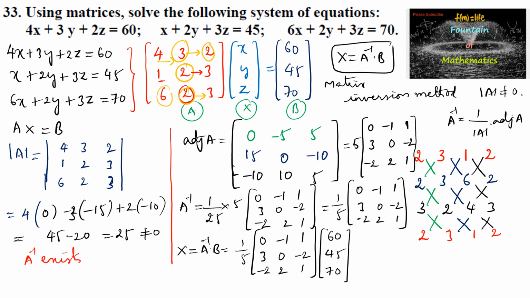So on simplifying, you will be getting 1 upon 5 times of, so 0 into 60 is 0, minus 1 into 45 minus 45 plus 70. So here minus 45 plus 70 is 25, and 3 60s are 180, 180 minus 40 is 140 here, and here minus 120 plus 90 minus 30 plus 70 is 40.